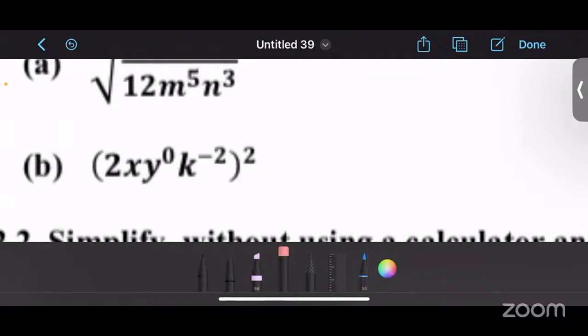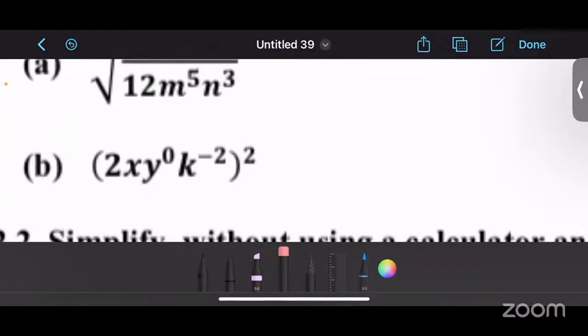Okay, no one. So for this one, we can start by simplifying whatever is in the brackets, and then if there's nothing that can be simplified, then we move to removing the brackets. Let's start.